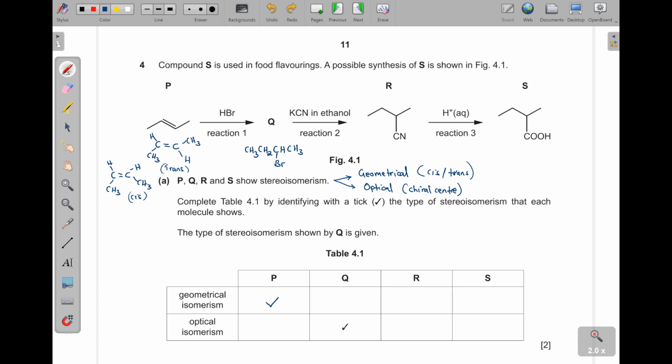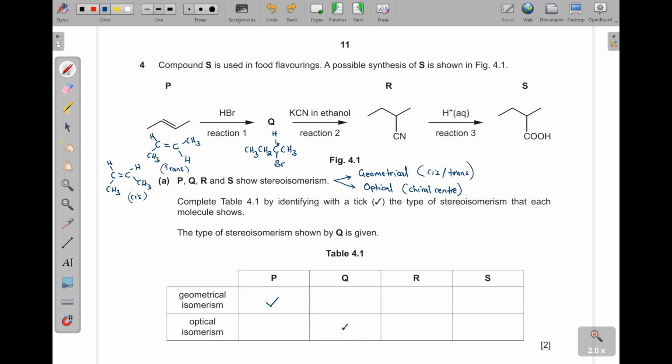Now, this carbon here is connected to this group, which is different from this one, different from this one, and different from the hydrogen here. In fact, I can take away the hydrogen here and put it up here just to make sure that you see the groups attached to that carbon. So this one is a chiral center. That's why they are saying it has optical isomerism here. You see that? Because there is a chiral center.